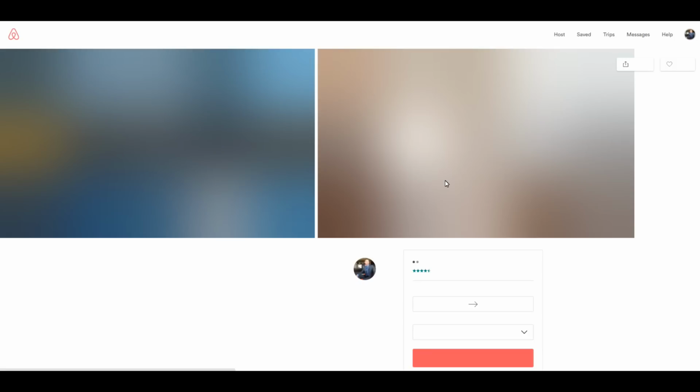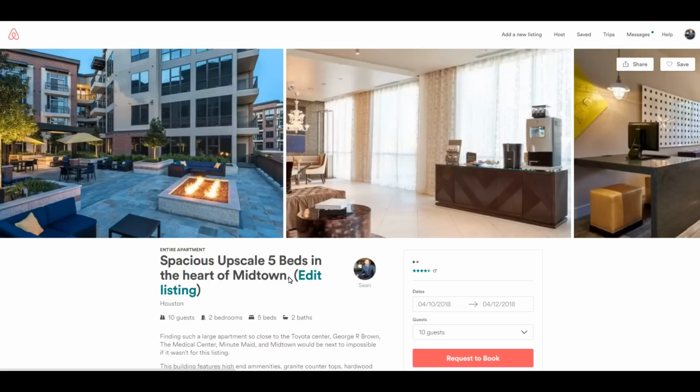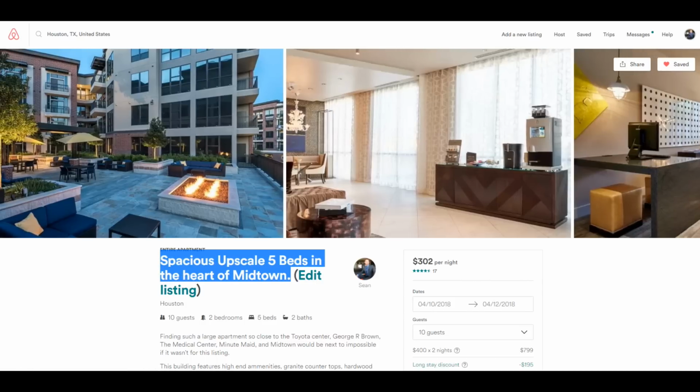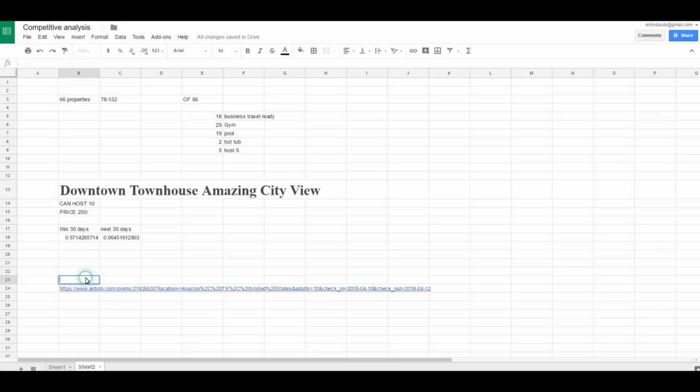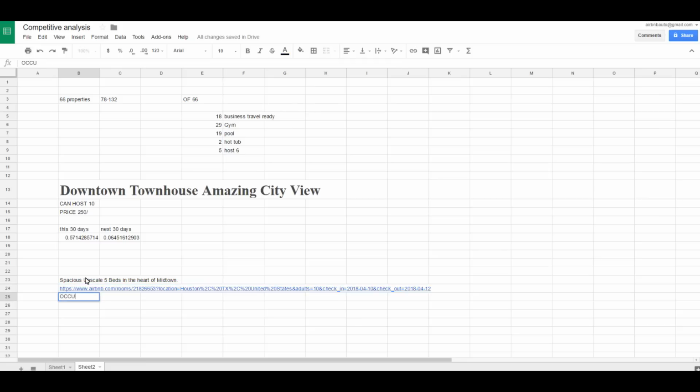So that's what allows me to occupy 10 in this one space. And my average night is at 302 here, if you go for the discount. So occupy 10, price is 302.